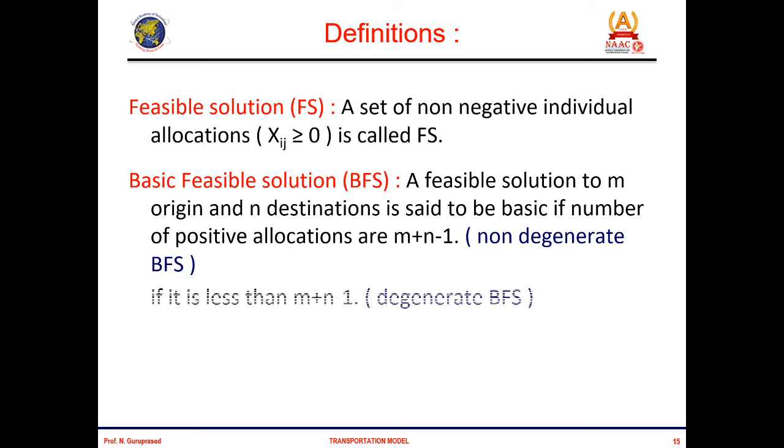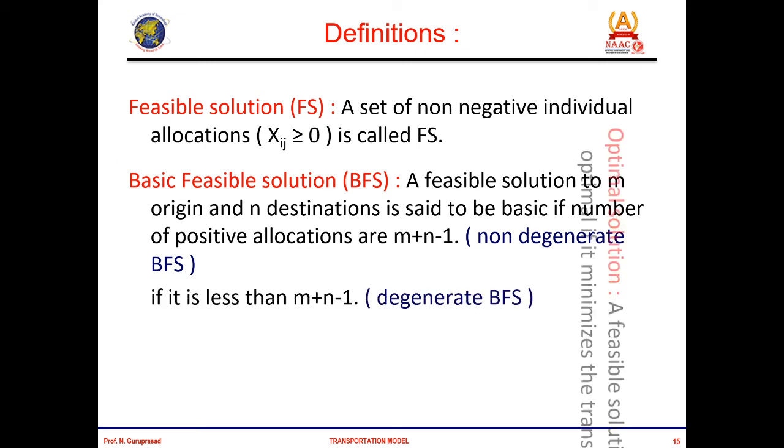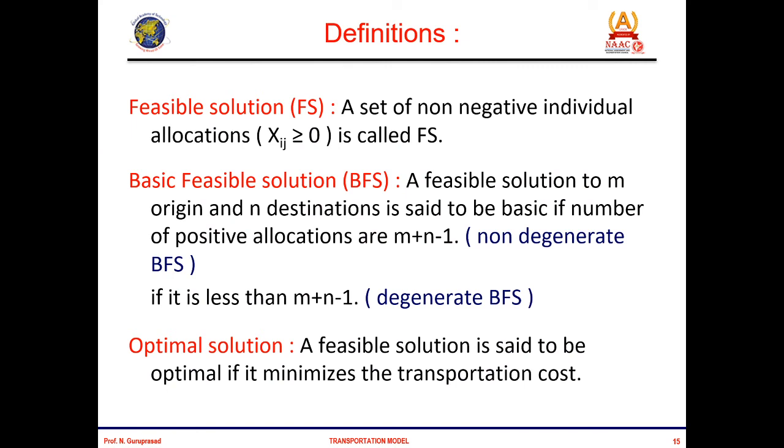And the last terminology is called optimal solution. Now, before that, we have seen that in case of basic feasible solution, if the number of positive allocations is m plus n minus 1, it is called a non-degenerate basic feasible solution. However, if it is less than m plus n minus 1, it is termed a degenerate basic feasible solution.